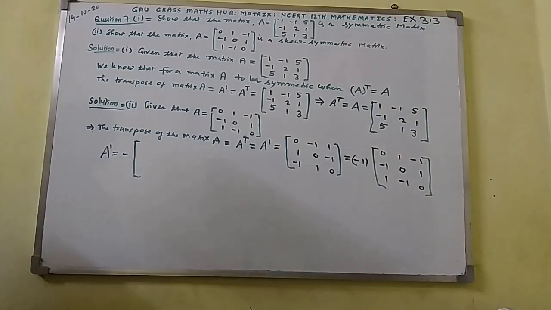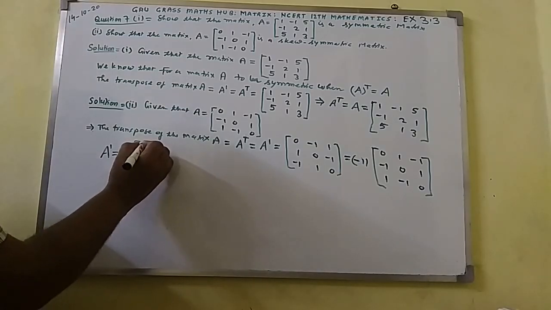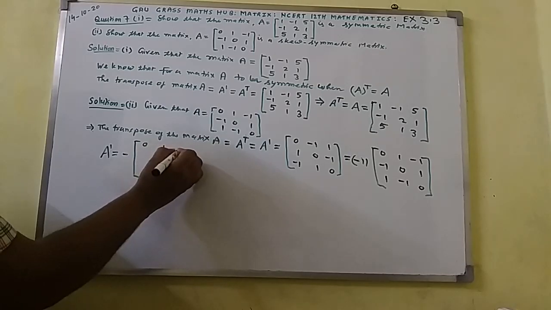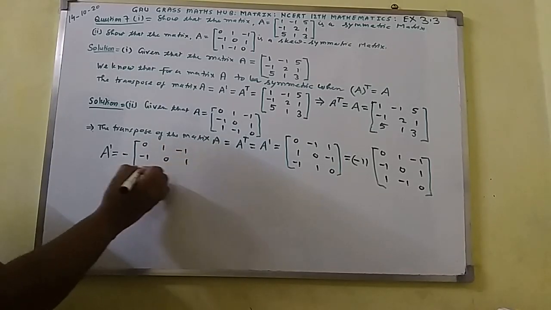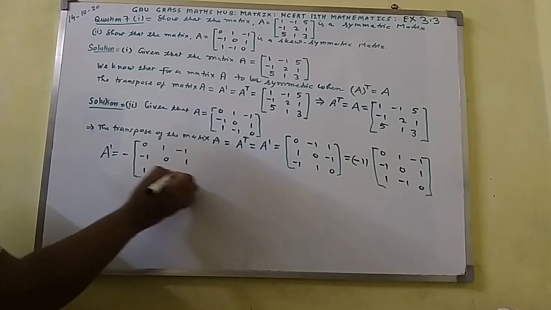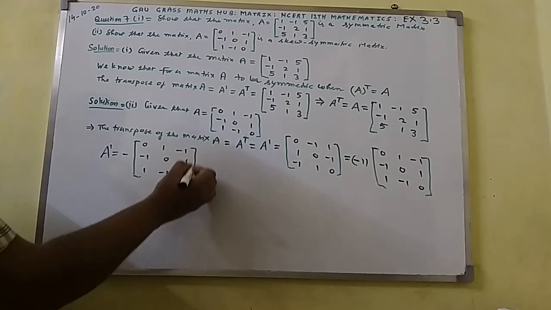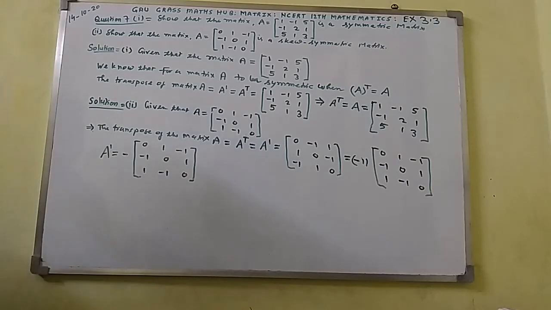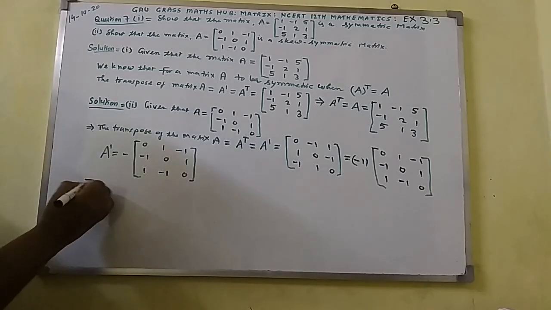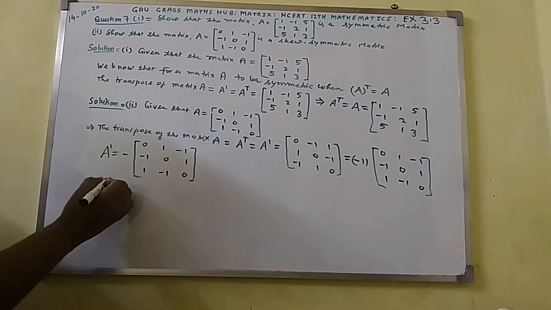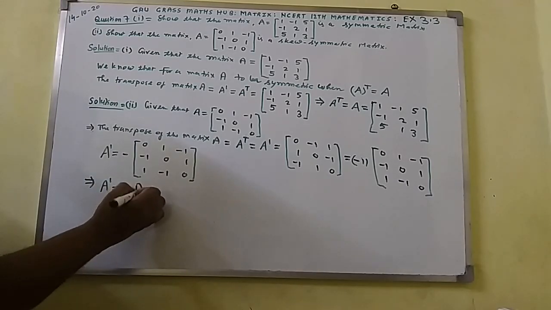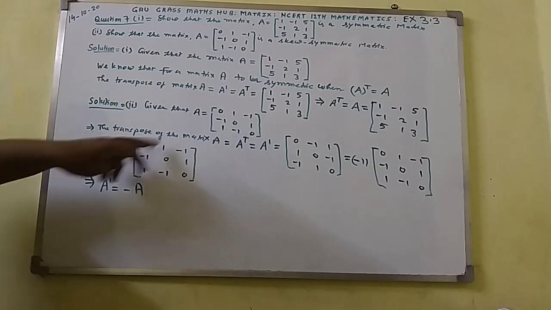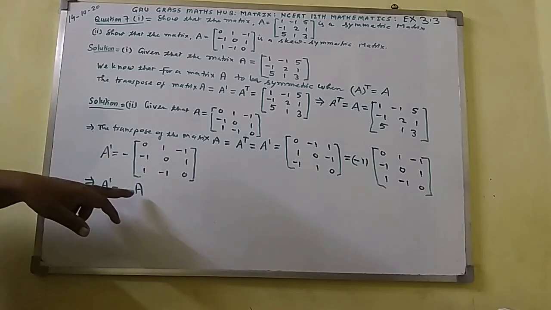The elements of first row I shall write 0, 1, minus 1, minus 1, 0, 1, 1, minus 1, 0. I shall write like this. Implied that this will become A dash equal to minus A. Now this whole matrix has been converted into A.